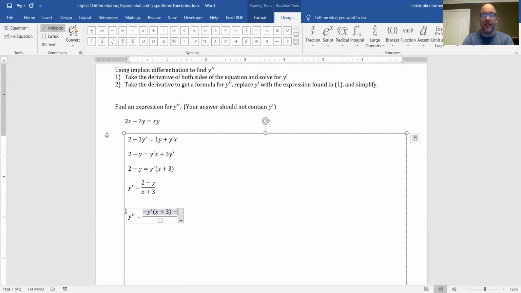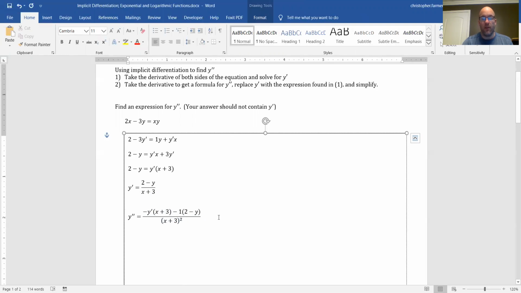And then we're always subtracting in our quotient rule. The derivative of the denominator is just 1, right? The derivative of x is 1, the derivative of 3 will disappear. So we're just going to have a 1 there that we take times 2 minus y. And in the denominator, we always just get whatever was in the denominator, but now it's squared. Okay, so that's the implicit differentiation part.